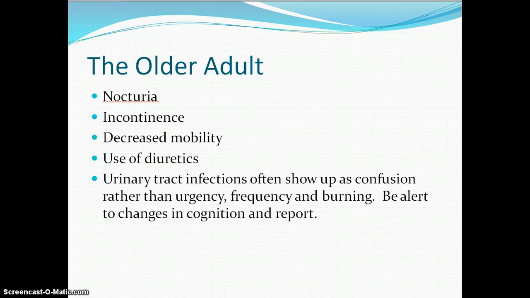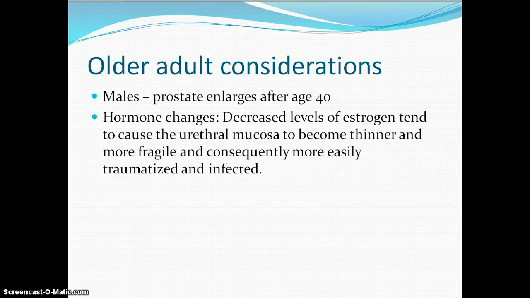So think of problem solving. Do they have a bed, or do they have a bedside commode that possibly they could pivot into much easier? Many of your patients with congestive heart failure have diuretics that they use to take that pressure, that volume off of the heart. So there are a lot of considerations that we have with this age. Again, our older adults, that prostate change to the male can become significant.